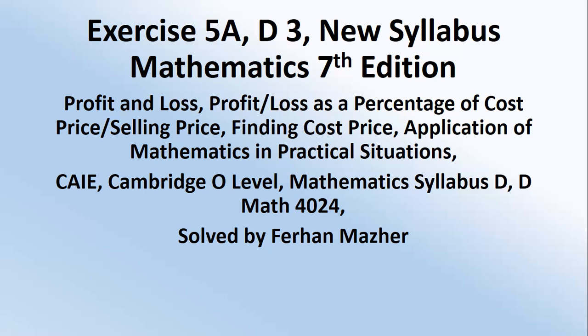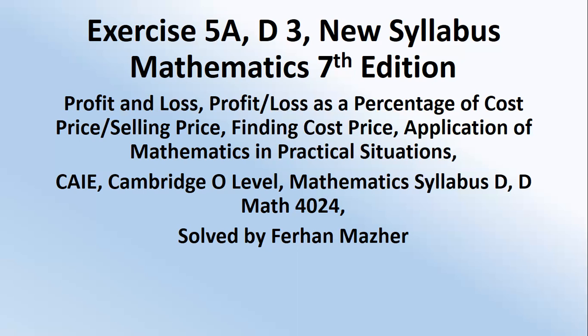Profit means that if you have a higher sale price than the cost price, then you have profit. And the loss means that the cost price is larger and the sale price is less, then you have a loss. So sometimes they ask you to represent the percent profit and or the percent loss.